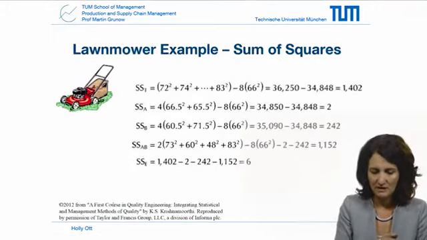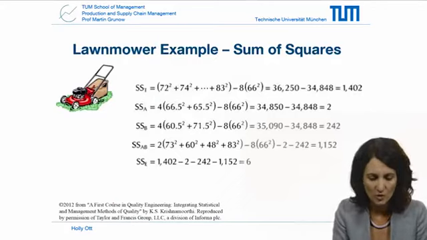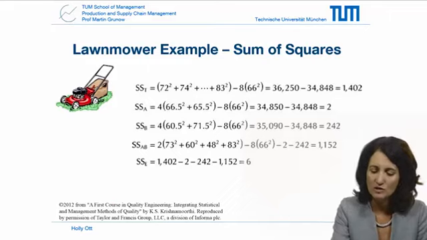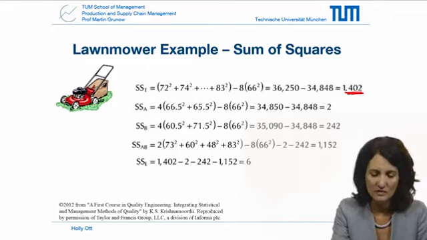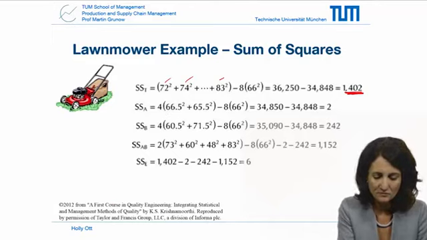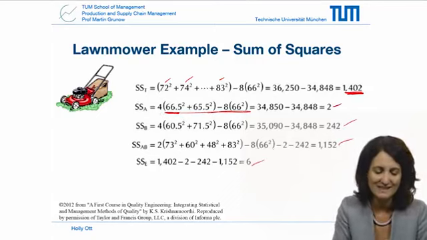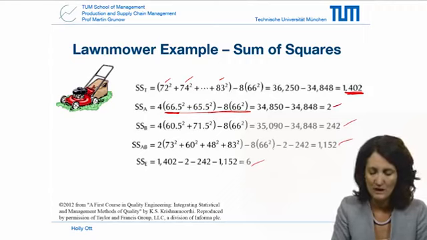If you plug all these things in, you end up with the sum of squares total equal to 1,402. If you want to check it, you can go and see the values. Here's sum of squares A, for example. We take our row factors, which are the shortcut equations. We get 2 for that, 242, 1152, and 6 overall.